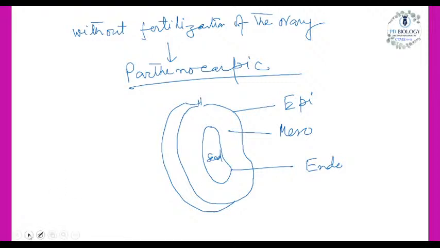And on the basis of the seed coat and embryo, the embryo is made up of radicle, the embryonal axis with one cotyledon or two cotyledons.